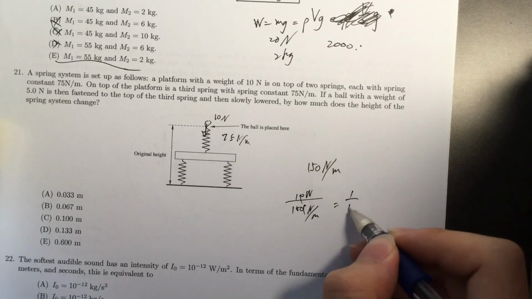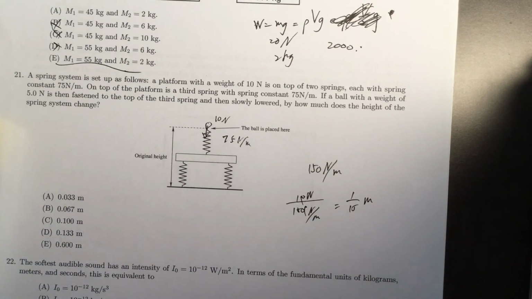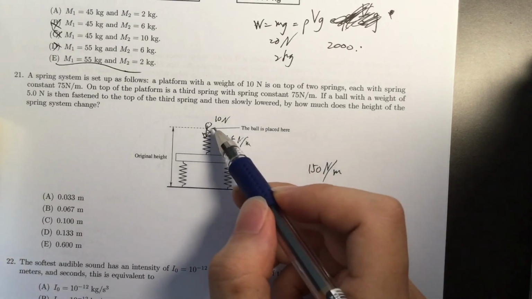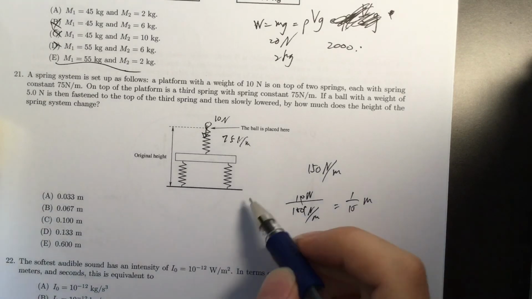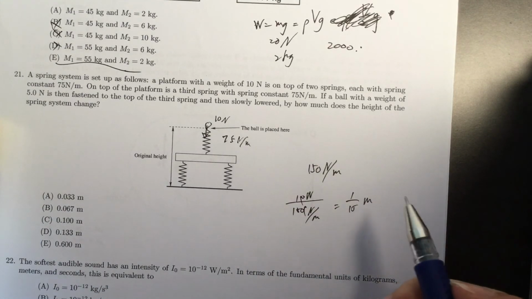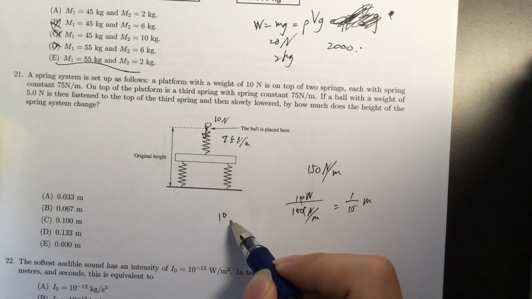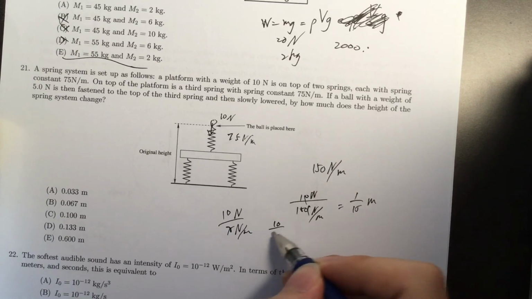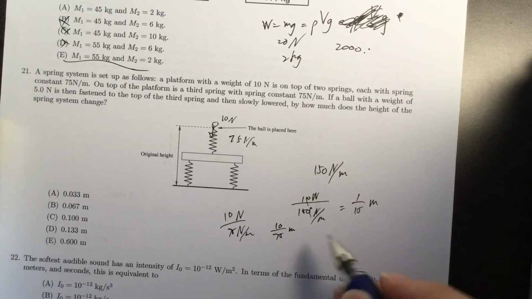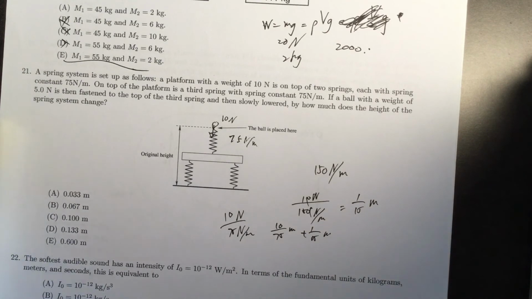Cancel out. 1 over 15 meters. And also this 10 newtons is compressing this spring here. So 10 newtons divided by 75 newtons per meter, which is equal to 10 over 75 meters. So these two added together, the answer is 10 over 75 plus 1 over 15, which is 0.2.